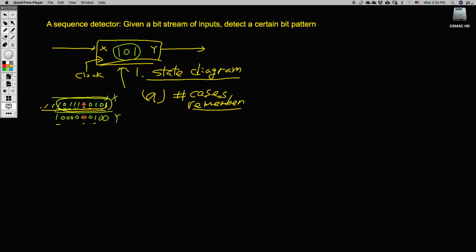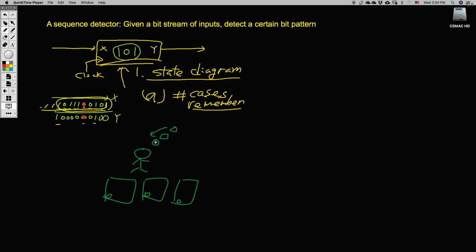As an illustration of how we find the number of cases that should be remembered, suppose you are classifying three shapes. In every clock tick, one of the three shapes, circle or square or triangle, comes in one by one, and your job is to classify that into three big boxes: circles only, squares only, triangles only.